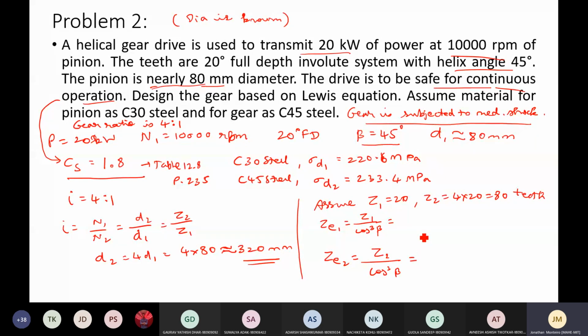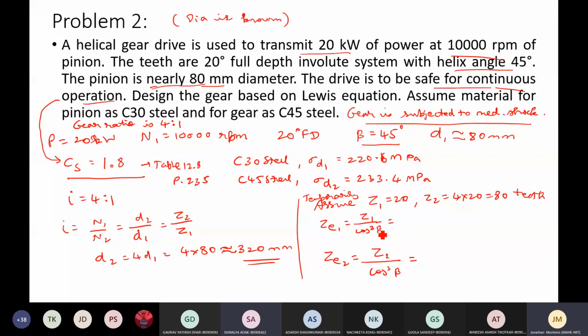Temporarily assume. How much is the value of ZE1? 24.1. I think you have taken beta to be 20 degrees. Beta is 45.